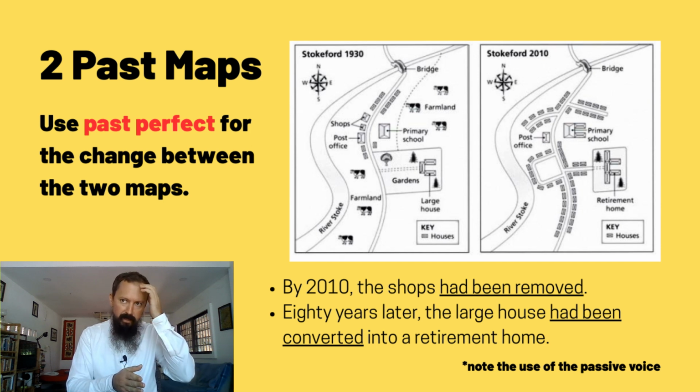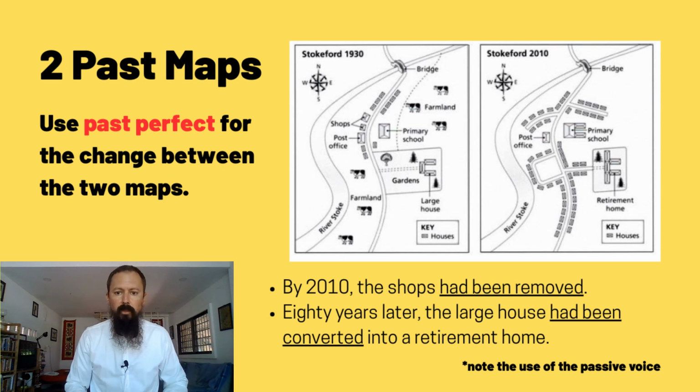Now, oftentimes, or almost always in fact, when we look at two maps from the past, we don't actually know when the changes occurred. Especially in this case, these are 80 years apart. So we can see, for example, that the farmland has been removed. Do we know what year that farmland was removed? No, we don't.